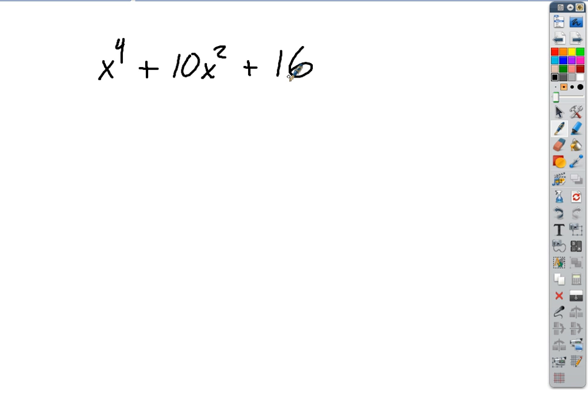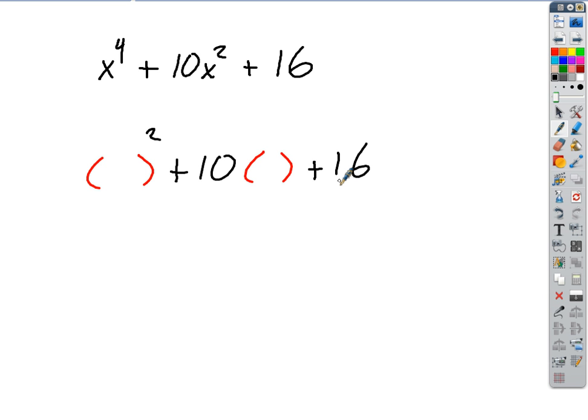Can I break that up so it looks like something squared plus 10 times something plus 16? That would be quadratic.